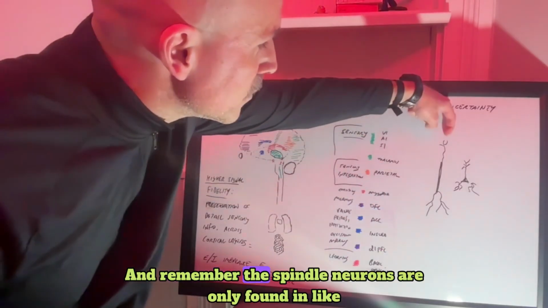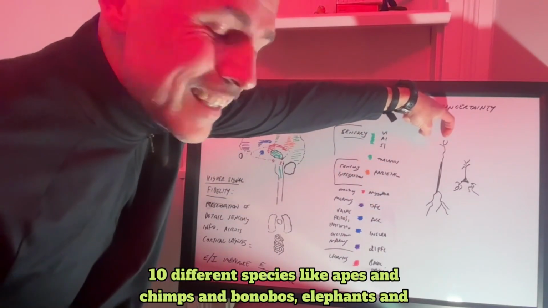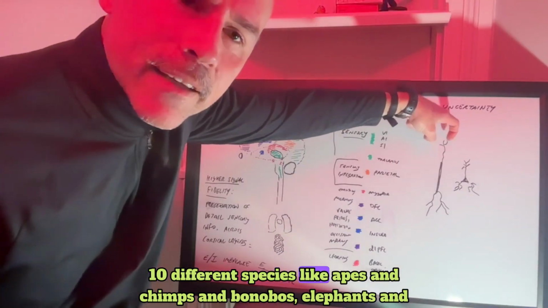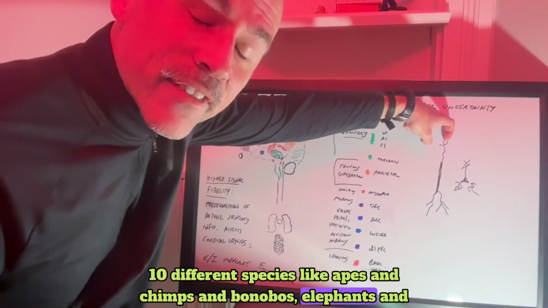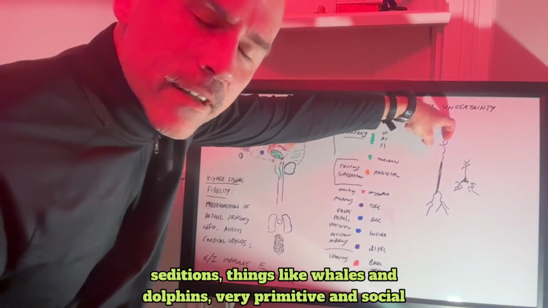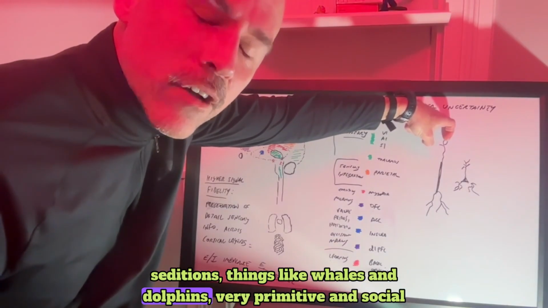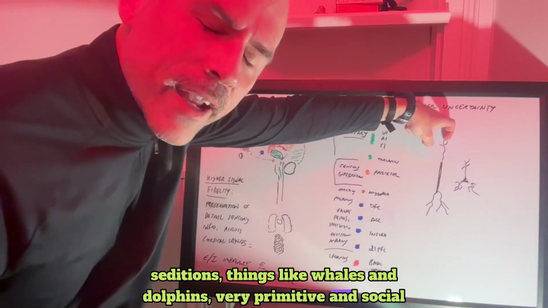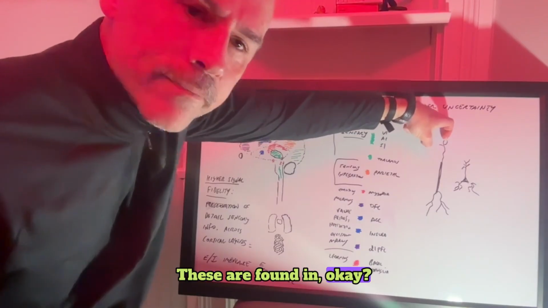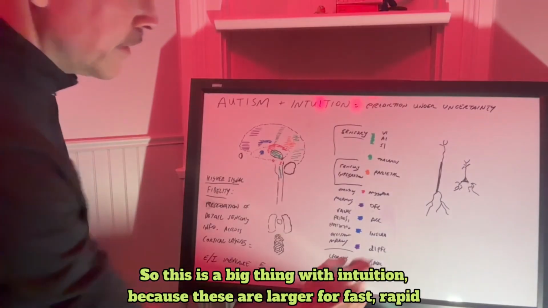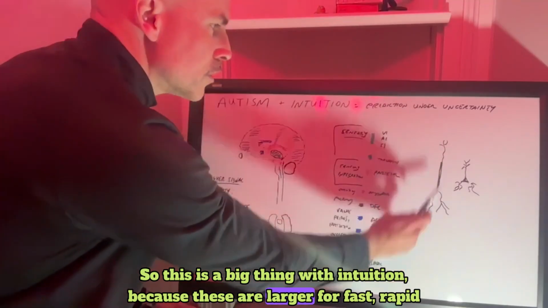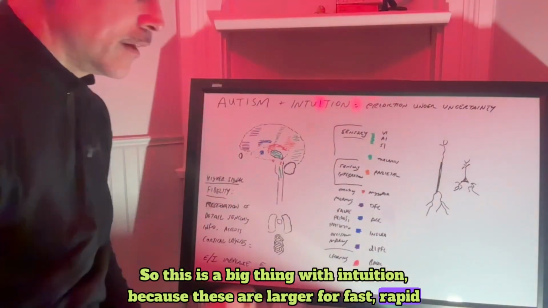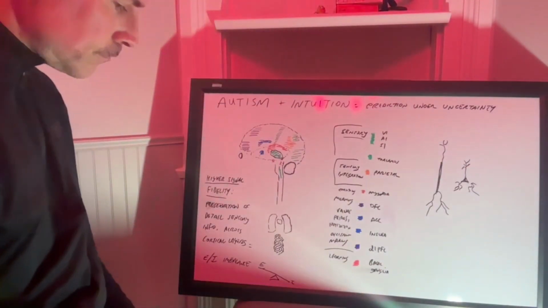And remember, the spindle neurons are only found in about 10 different species, like apes, chimps and bonobos, elephants, and cetaceans, things like whales and dolphins. Very primitive and social creatures these are found in. So this is a big thing with intuition, because these are larger for fast, rapid transmission.